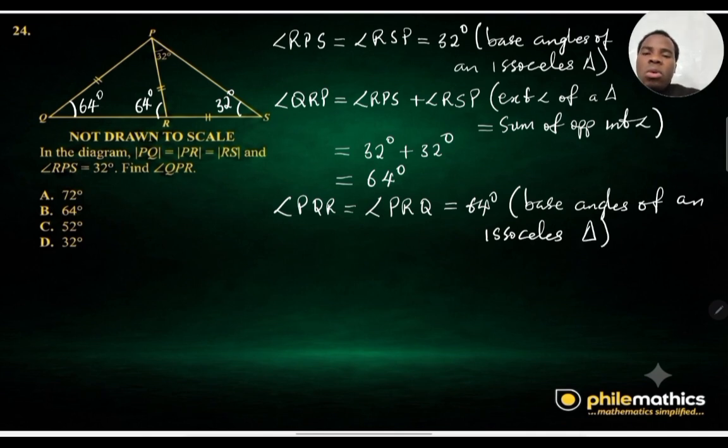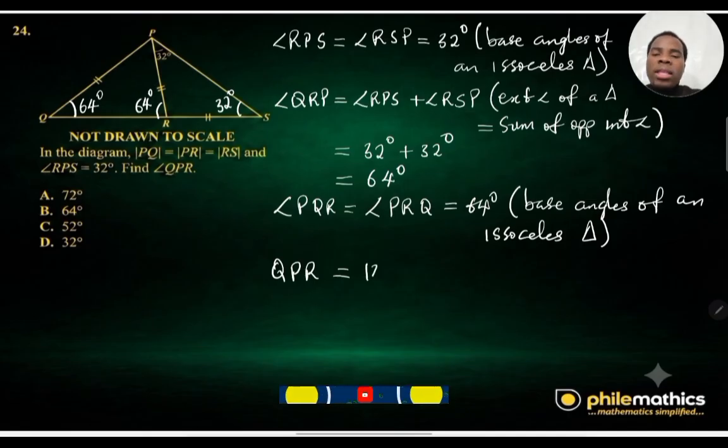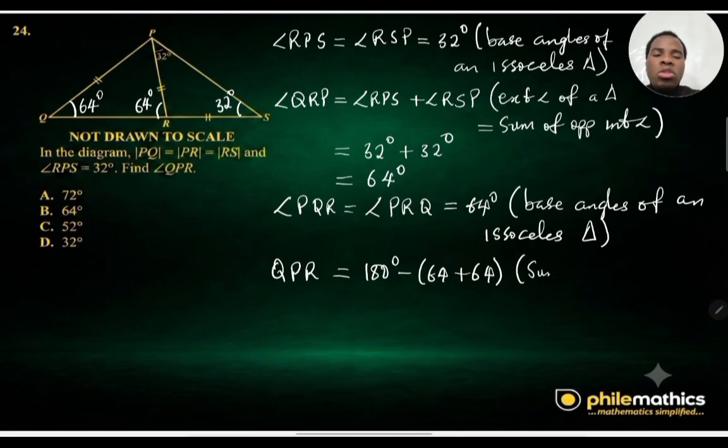Finally, we are looking for QPR. QPR will simply give us 180 degrees minus 64 plus 64. The reason is simply sum of angles in a triangle gives 180.